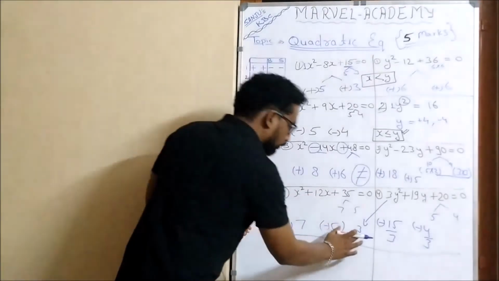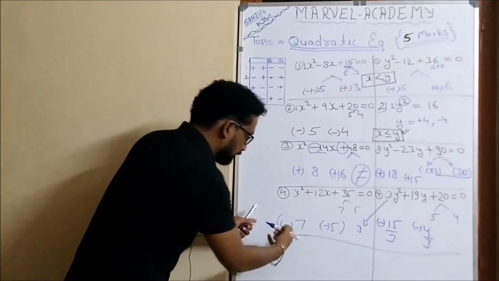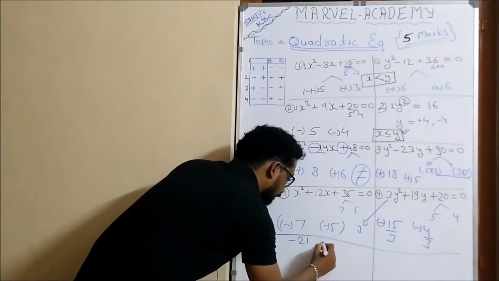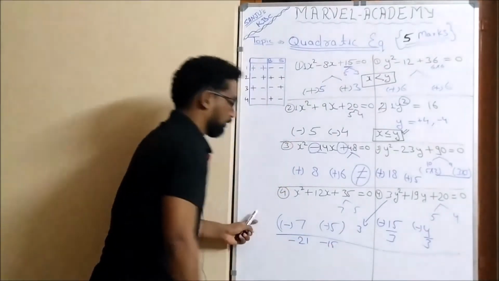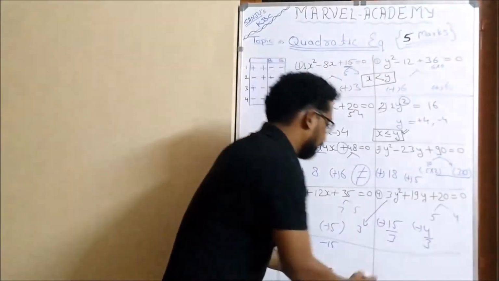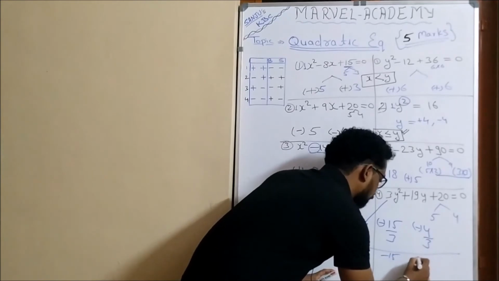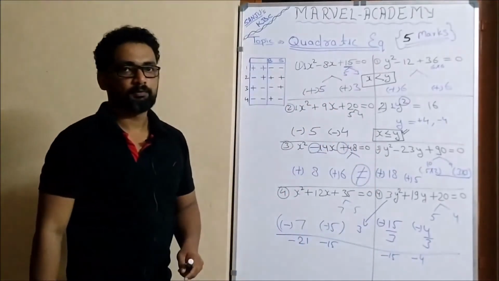While multiplying 7 and 5, we will get minus 20, 21 and minus 15, and here minus 15 and minus 4.